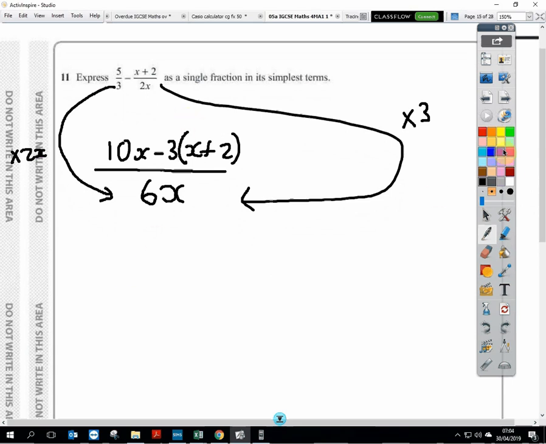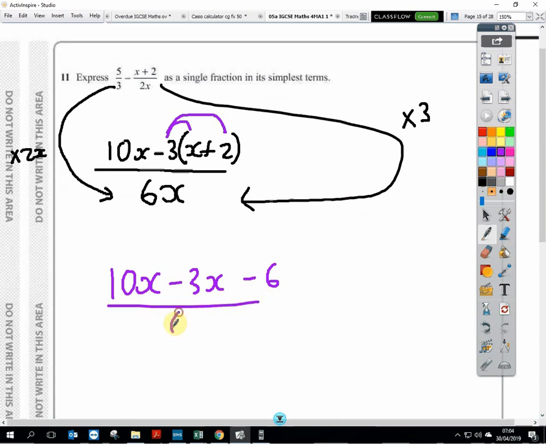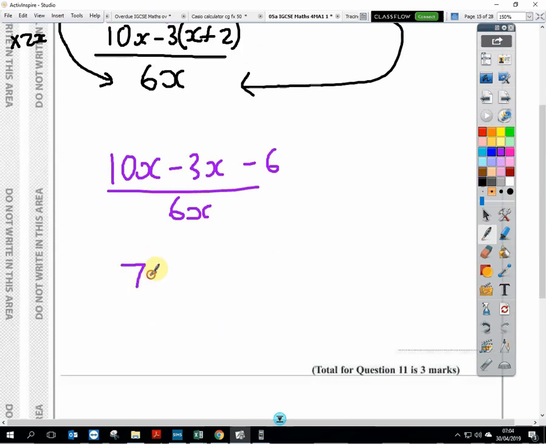Remember, this negative 3 is multiplying the bracket, so when you expand it like this, you ignore the 10x. So you have 10x minus 3x minus 6 over 6x. Every line must contain a fraction. So 10x minus 3x is 7x, and then you've got your minus 6 over 6x. And this is the final answer to the question.